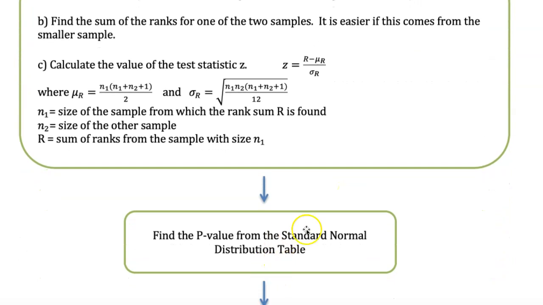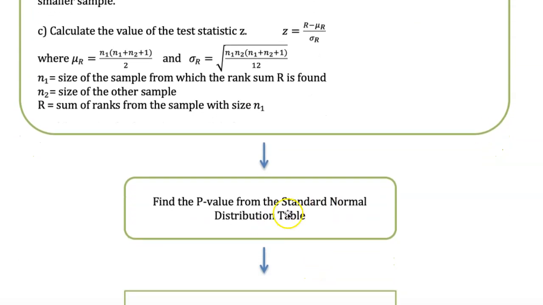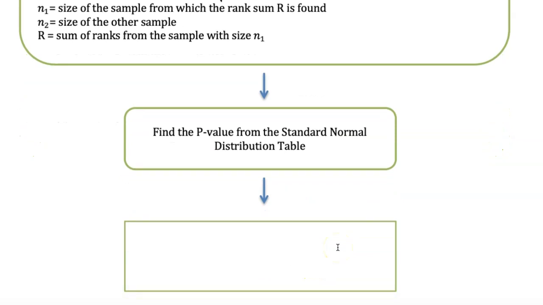We found the p-value from the standard normal distribution table or from our calculators. And then our grand conclusion is that if our p-value is less than or equal to alpha, we are going to reject the null hypothesis. If our p-value is greater than alpha, then we're going to fail to reject the null hypothesis.